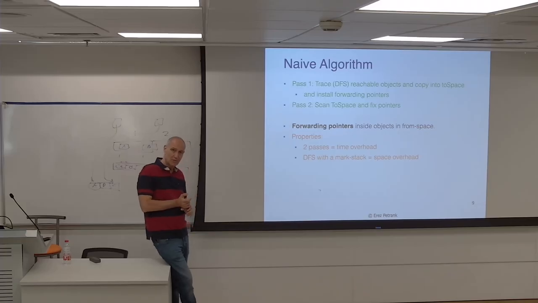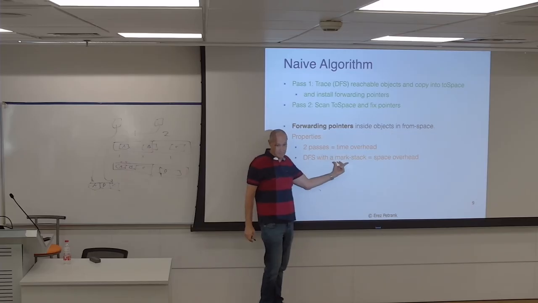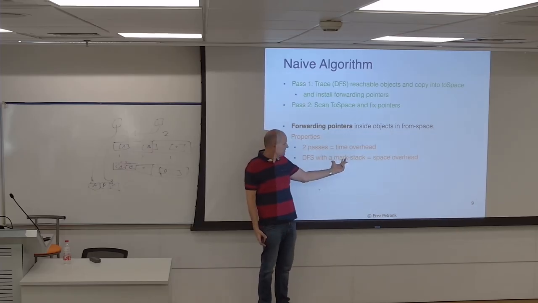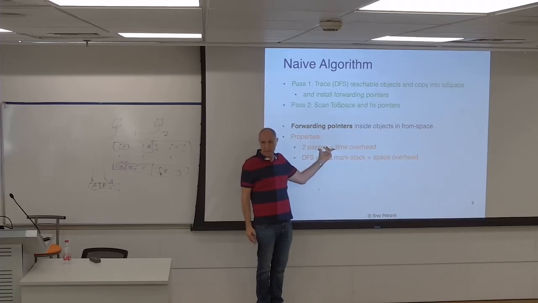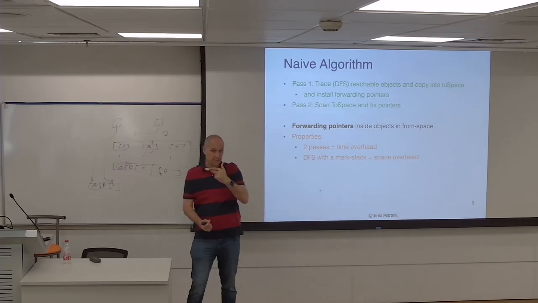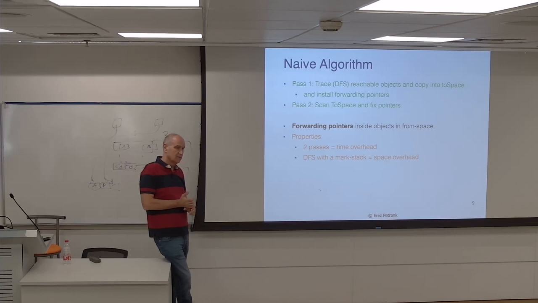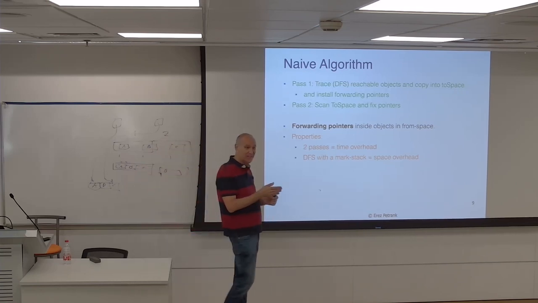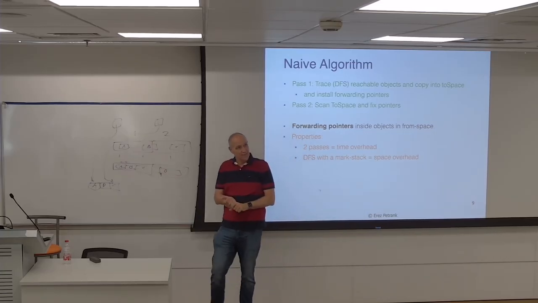So you are still keeping the mark stack because you're doing a DFS, but you're doing only one pass. So when you go back, you know that you've already copied the children. So for sure you have a forwarding pointer and you can fix it. It's very nice. I need to think if it's working.